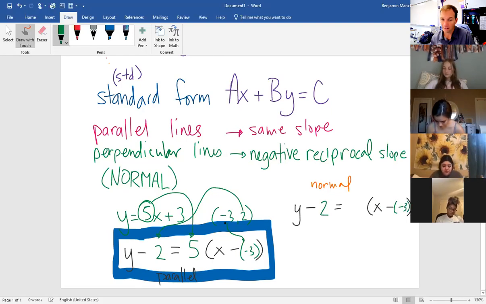Okay, your point hasn't changed, but if you want it to be perpendicular, the thing that does change is going to be your slope. So this has a +5 slope, and that of course gets negatively reciprocaled. +5 as a reciprocal is 1/5, and it has to be negative.